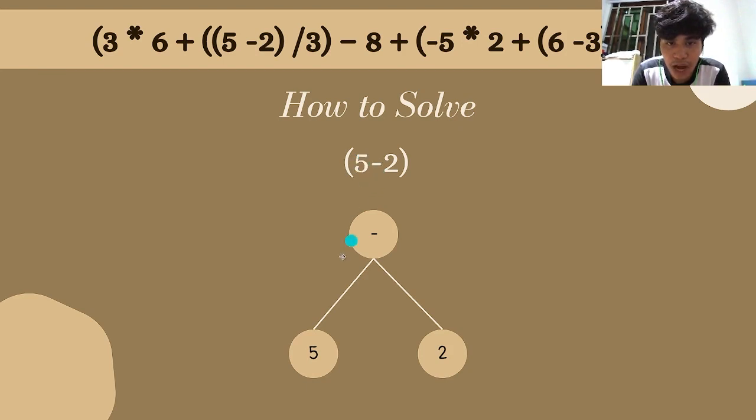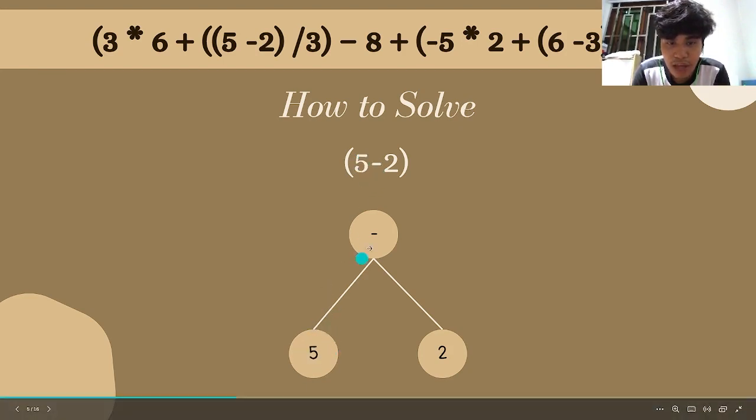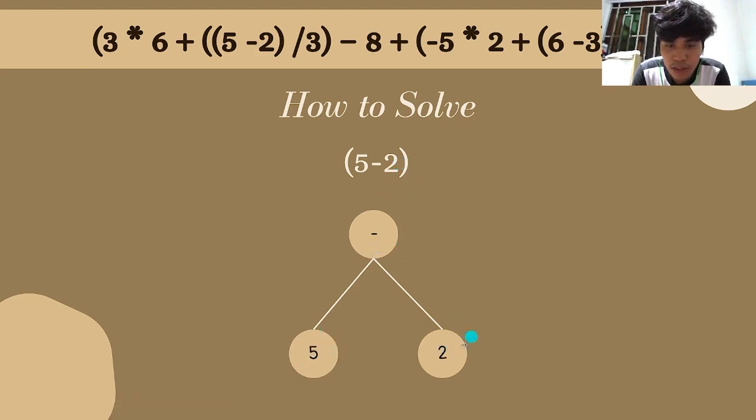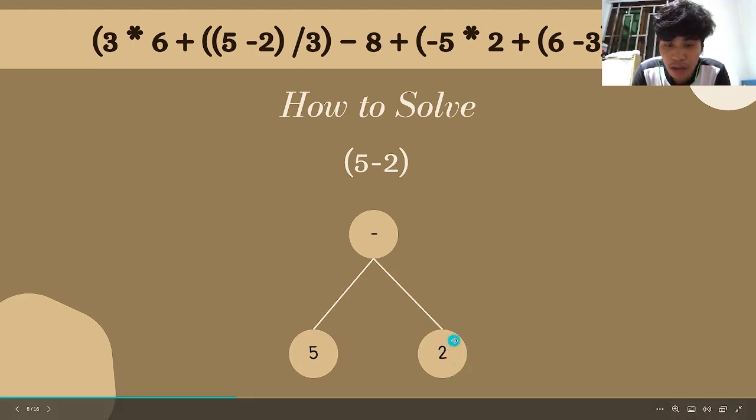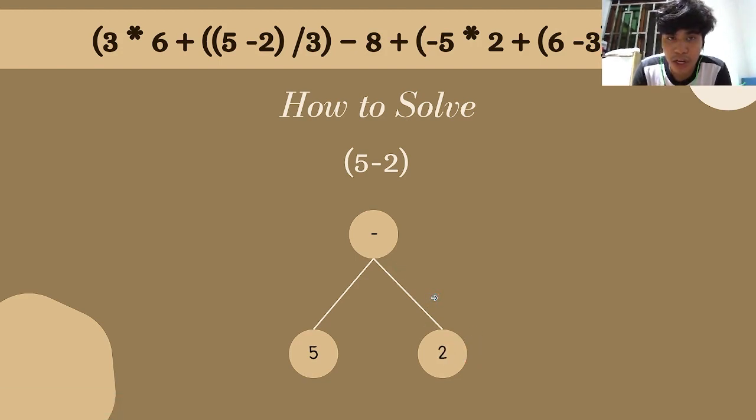Here we can see that 5 is placed at the left side of the operator minus, so we put that node on the left side of the parent node. And 2 is located at the right side, so we locate it at the right side of the parent node. So that is the basic explanation here.